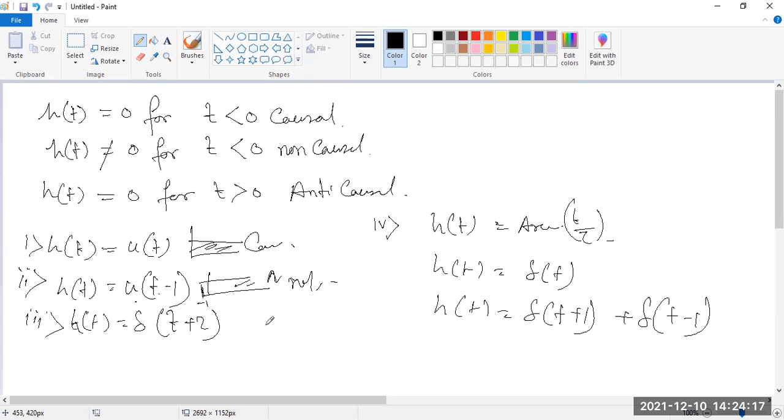Okay, this is delta(t plus 2), that is minus 2, and so your signal will be coming in this way.